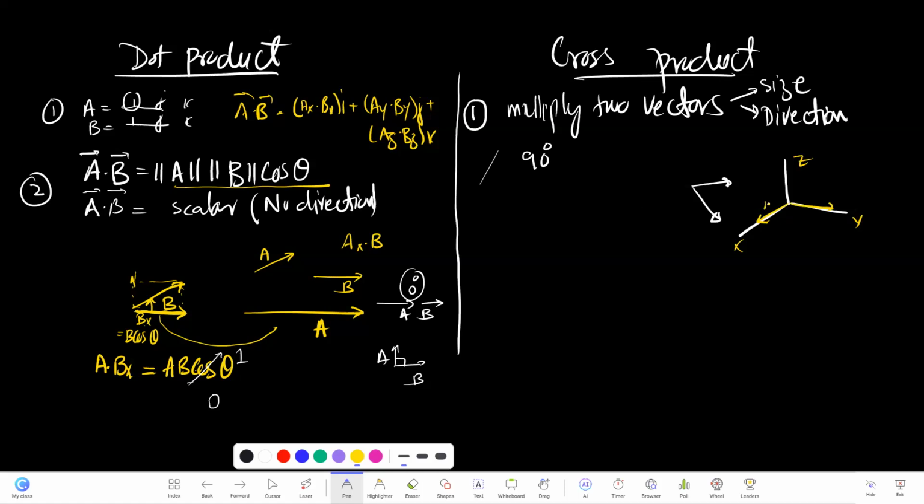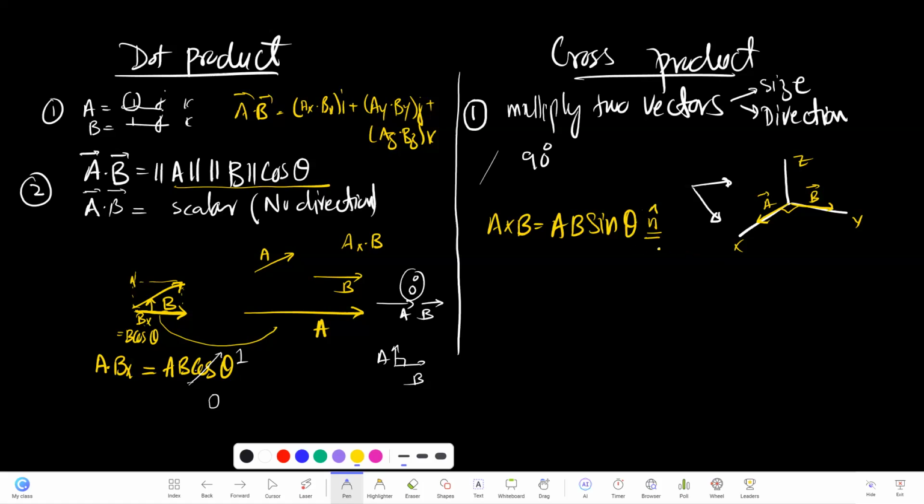I just told you a few minutes ago, in the best case scenario when vectors A and B are 90 degrees apart, cross product is happy. So cross product is going to be A cross B equal to AB sine theta, and you're going to put a little n, which is a unit vector. This is a unit vector direction, or you can call it the direction of the cross product.